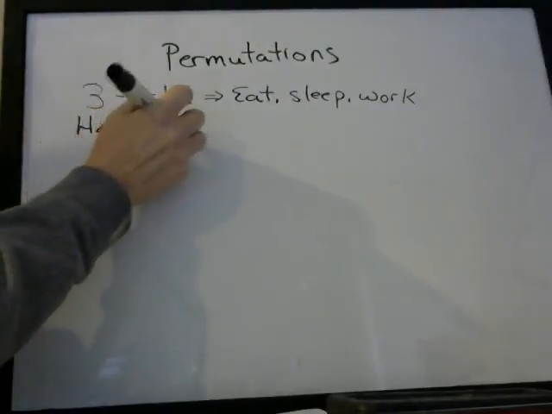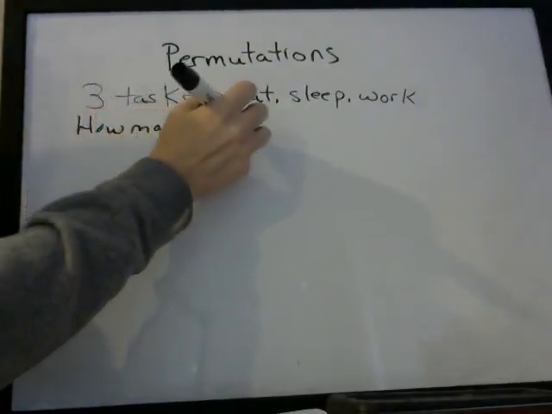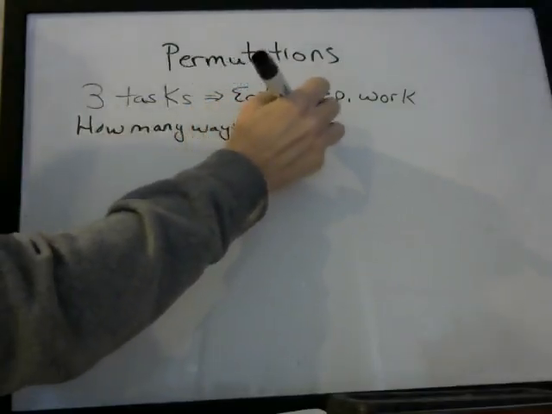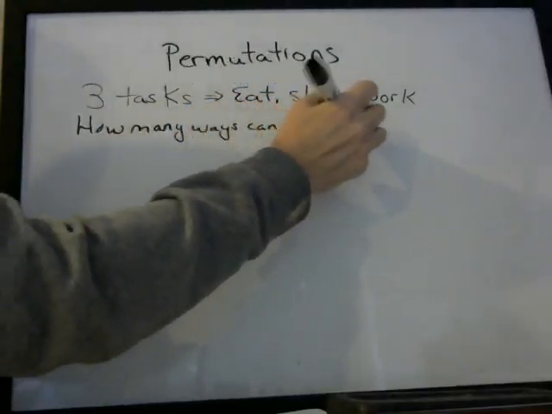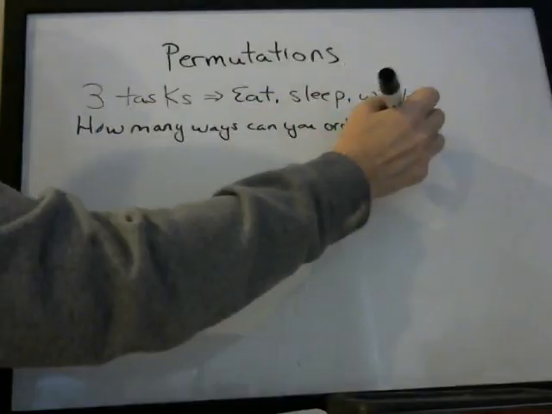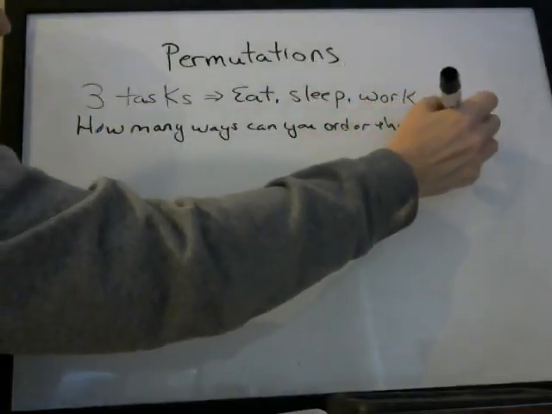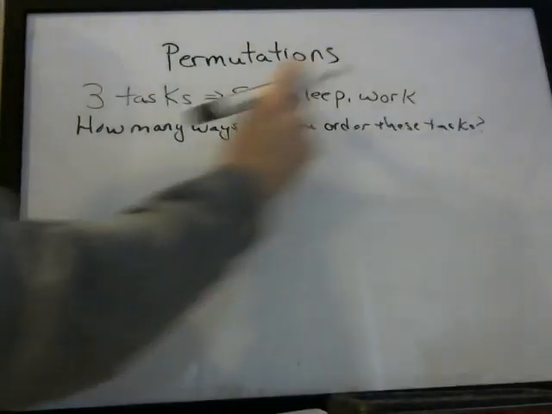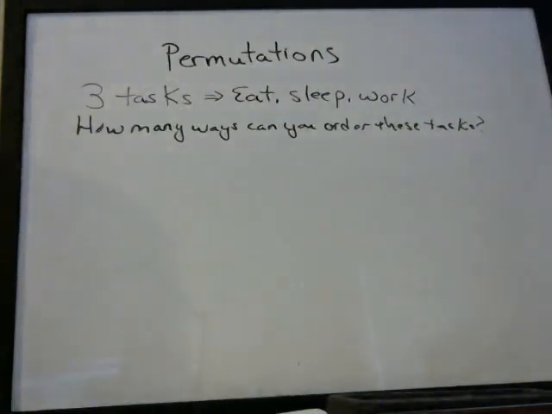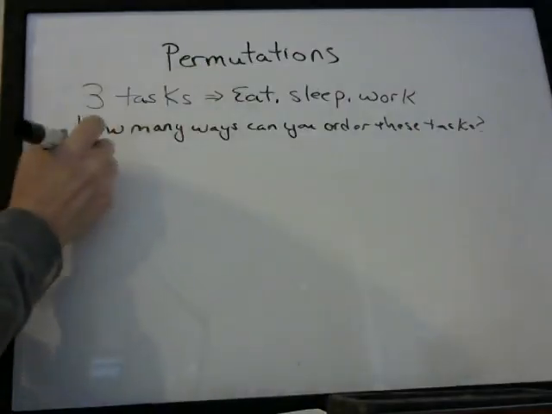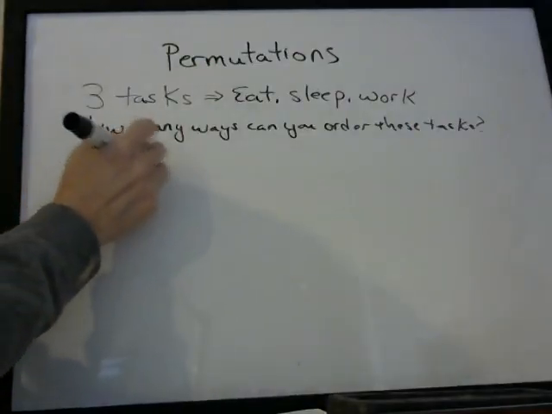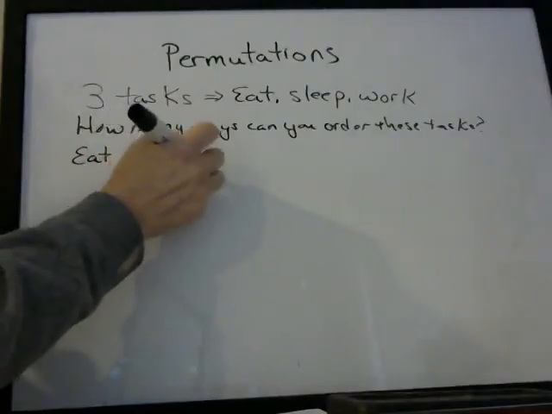How many ways can you order these tasks? So we have 3 tasks that we have to do, and the question is about how many different ways can you do them. So for example, we can eat first, then we can sleep, and then we can work.